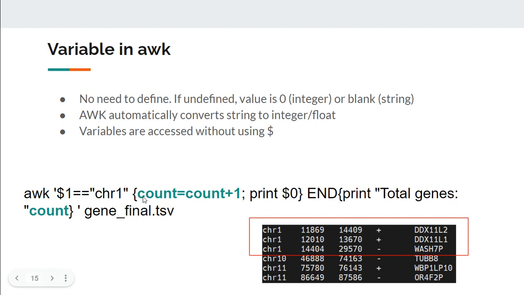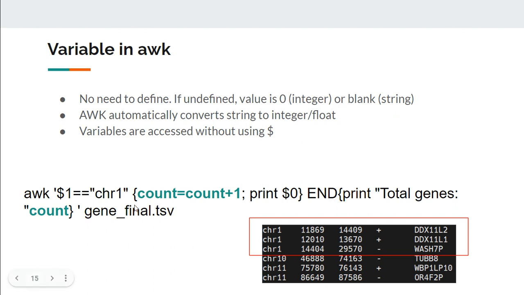For this we can define a variable dynamically. So far we have seen $0, $1, $2, $3, which are system variables, but now this is our custom variable. There is no need to initialize it, like x equals 2, because by default the value is 0 if not defined, and in a string context it will be blank.